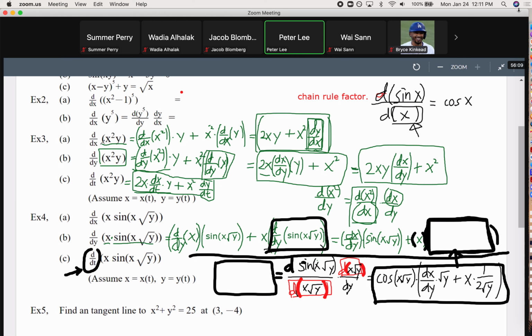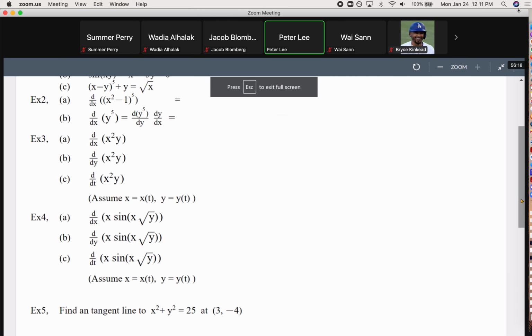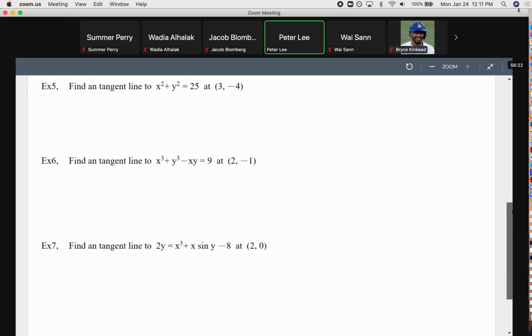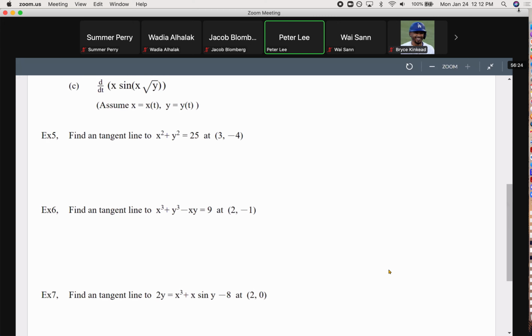Okay, so if you have no other questions here, then on example 3 or 4, I'm going to now save it and then clear all this. And now let's get to some problems here. Now let's get to the fun part. Let's look at examples 5, 6 and 7. I only have these 3 equations here, but you should always look for more problems.